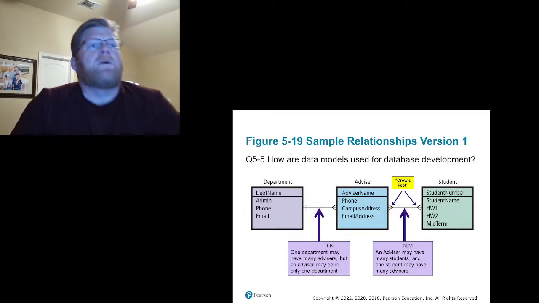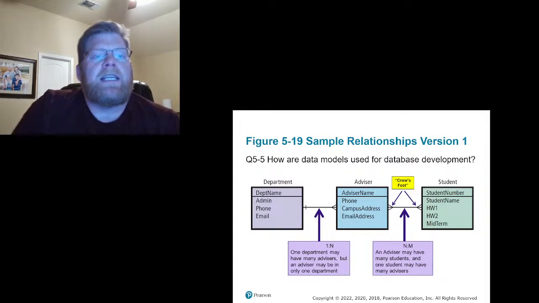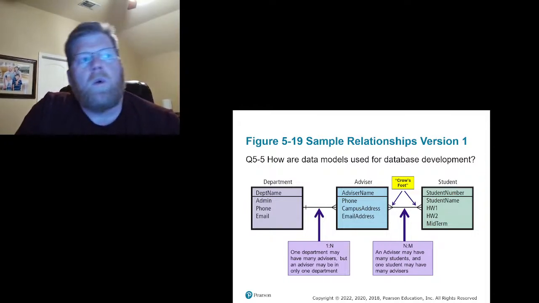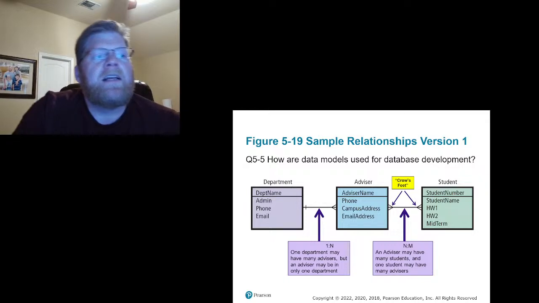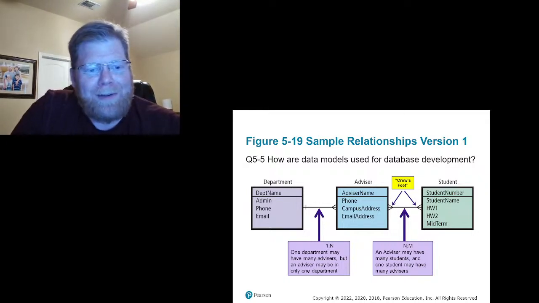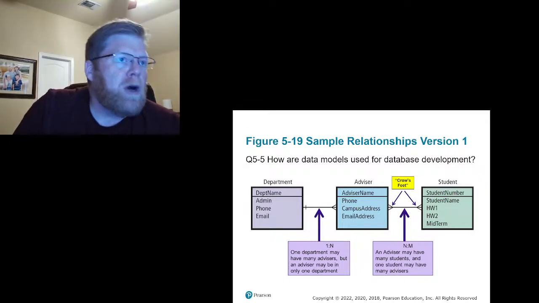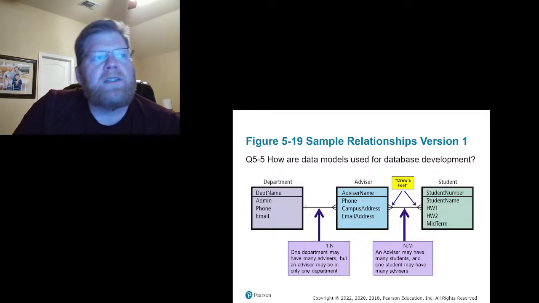Okay, now your relationships can show one to many, many to many, but that is depicted by these little crow's feet or these little lines. So between department and advisor, you would have a one to many, right? So one department has many advisors.